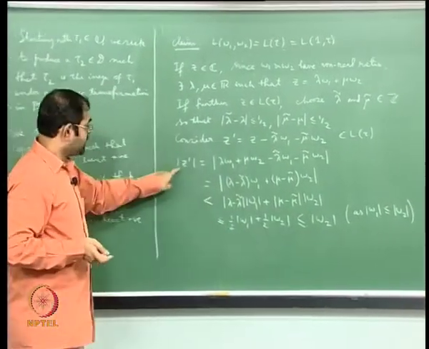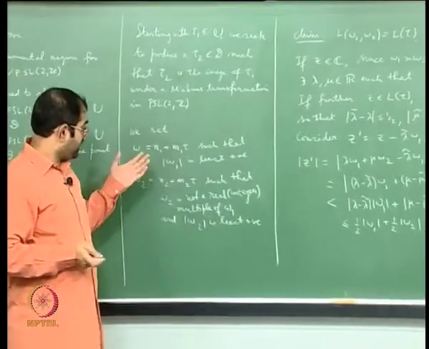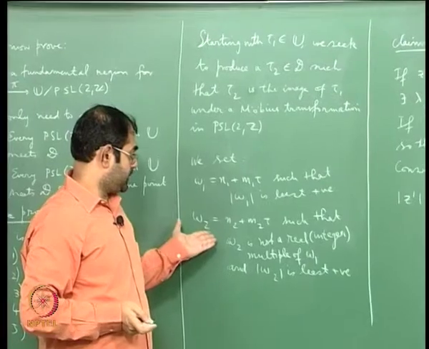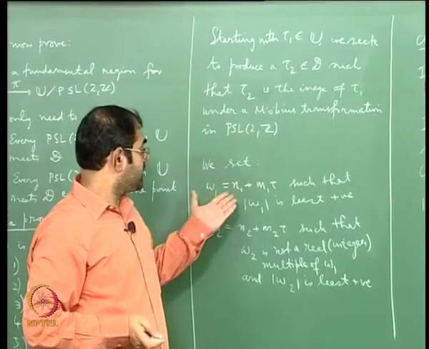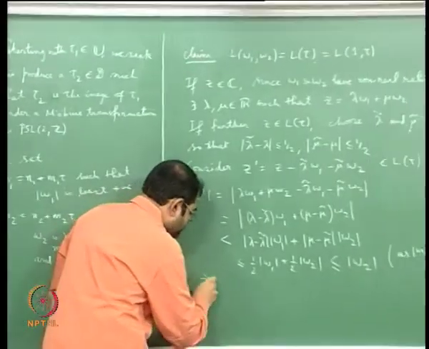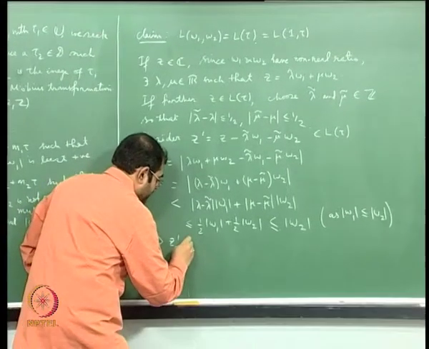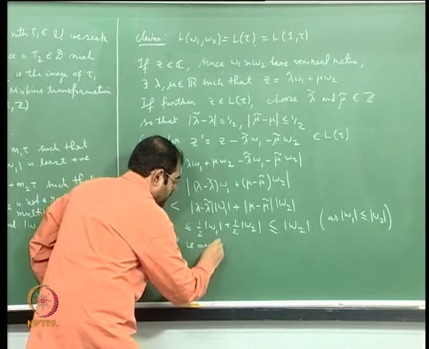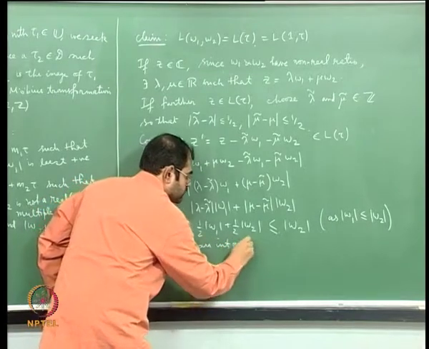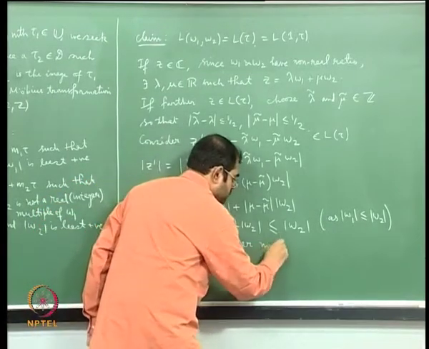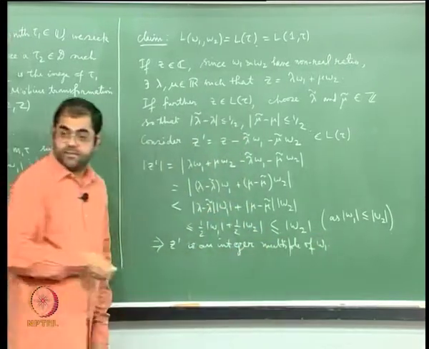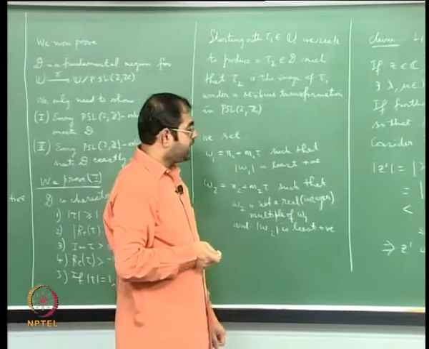Therefore this element has to be an integer multiple of ω1. z′ is an integer multiple of ω1, that is what it means.